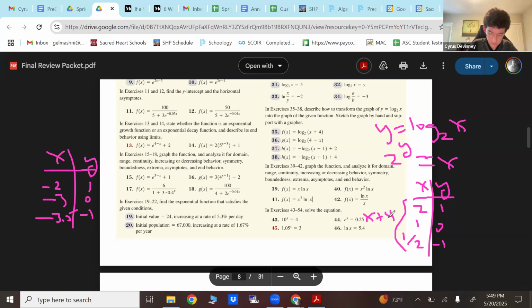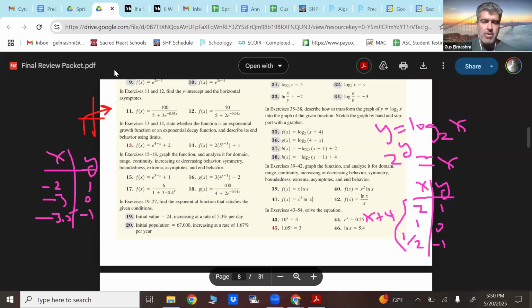So kind of like this, right? Okay. So what's your graph? Correct. Good. Okay.